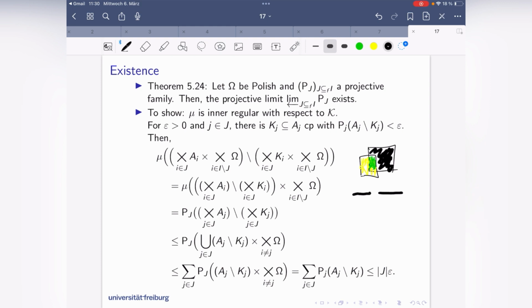And we have the set, which is this whole set. This without this on the first coordinate.